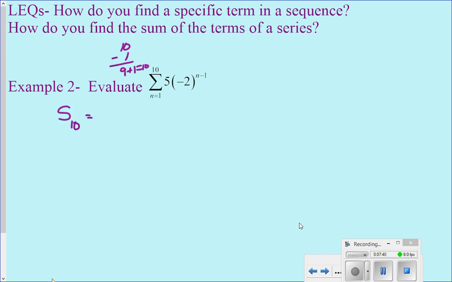To get the first term, remember, we substitute the lower index into the equation. So we have 5 times -2 raised to the 1 minus 1 power. Well, that's 5 times -2 raised to the 0. Anything to the 0 power is 1, and 5 times 1 is 5. So now we've confirmed that 5 is the first term.